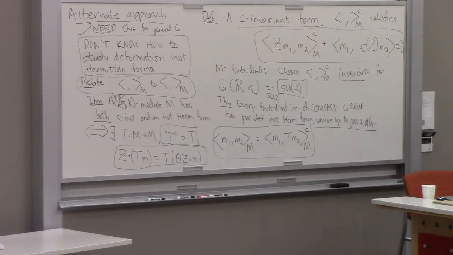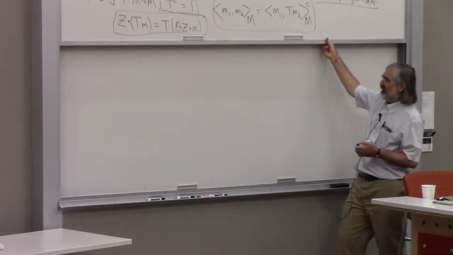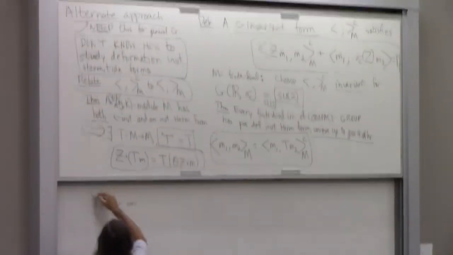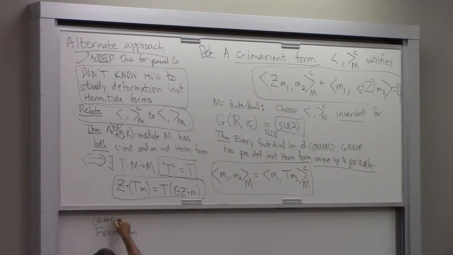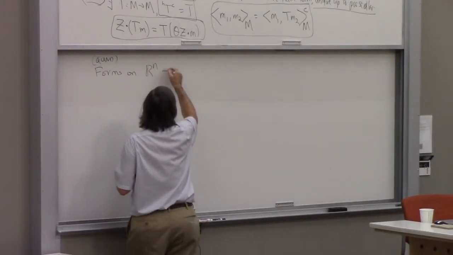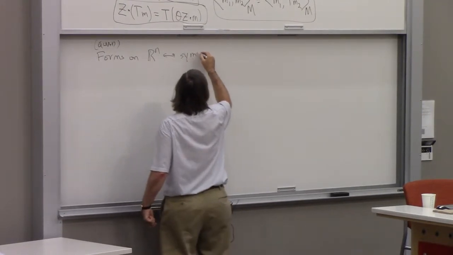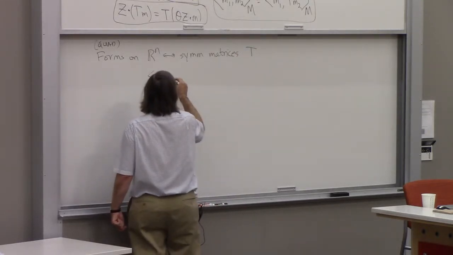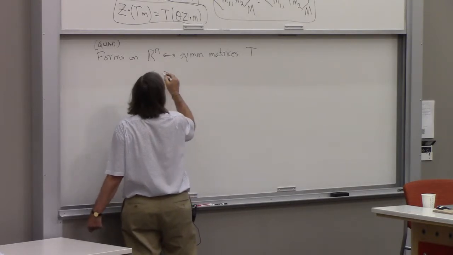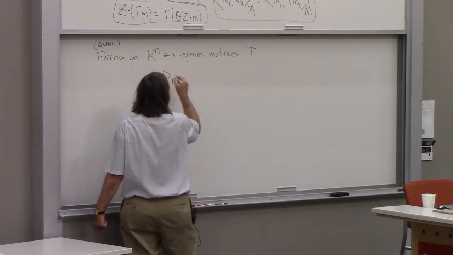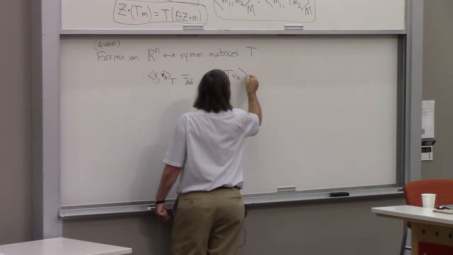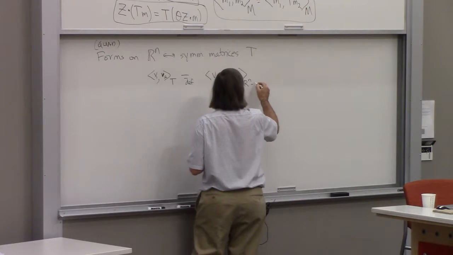So again, it's a familiar idea from linear algebra that forms, well, maybe it's most familiar in the world of quadratic forms, say on Rn, are in one-to-one correspondence with symmetric matrices T, so the form is just V1 T V2, and this is the Rn inner product.